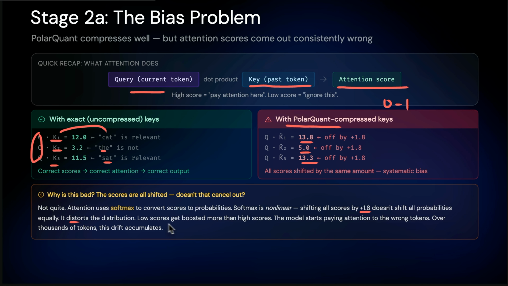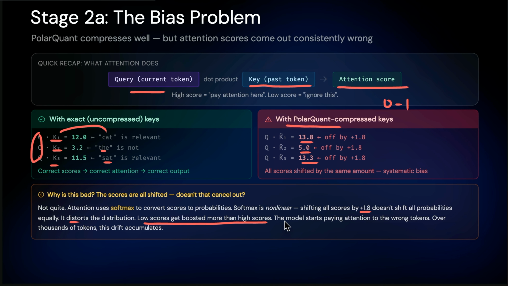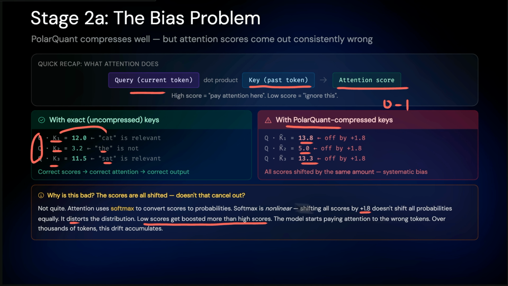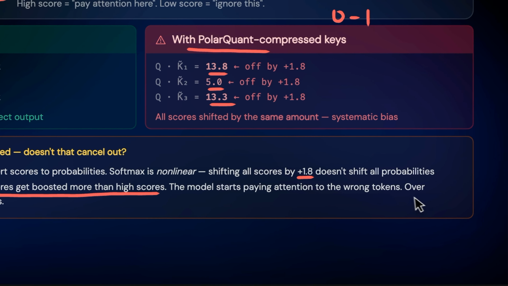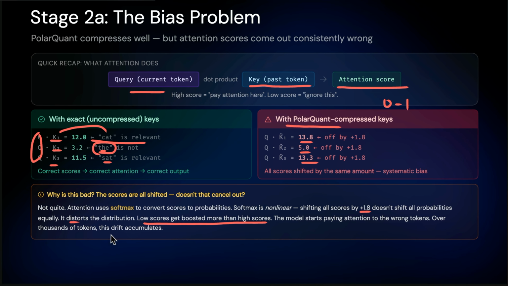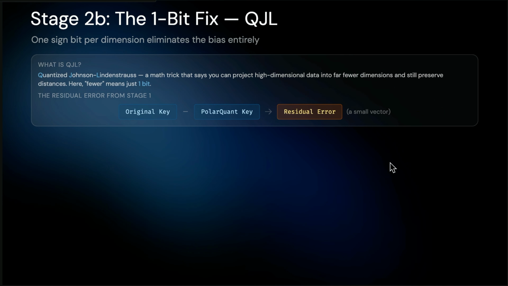That means low scores get boosted more than high scores. So now the model starts paying attention to the wrong tokens. Let's say originally the model has to pay attention to cat. Now it might be paying attention to the first word, that is the. Over thousands of tokens, this drift accumulates over and over. So how do we make sure that we take this bias into consideration? There is a technique for that, and it's called the one bit fix.